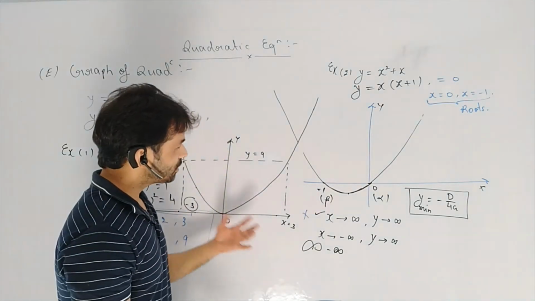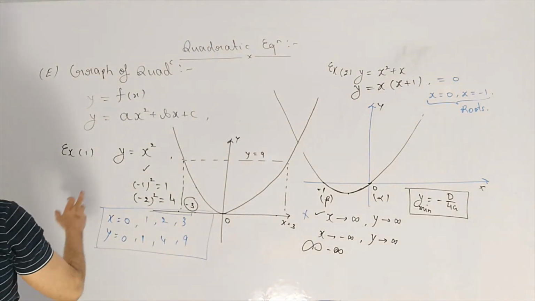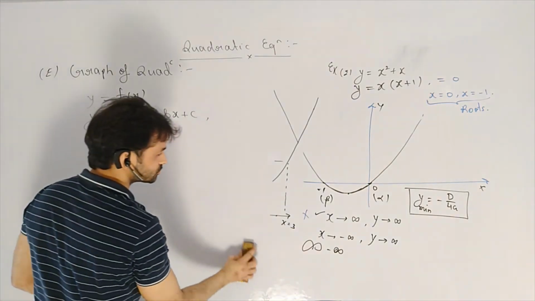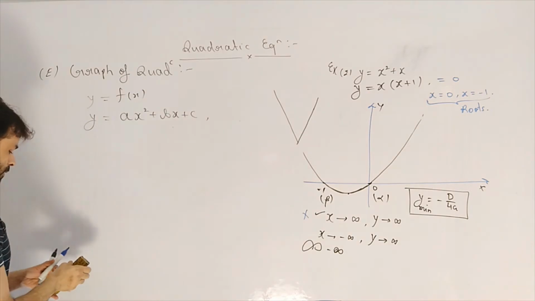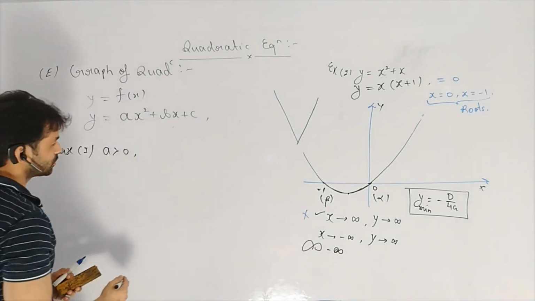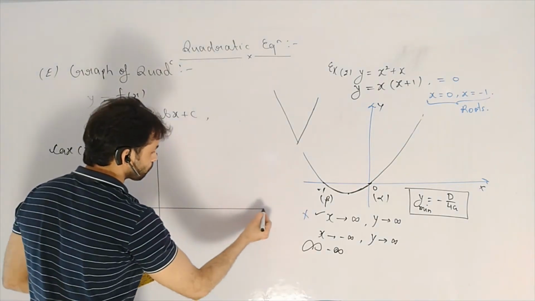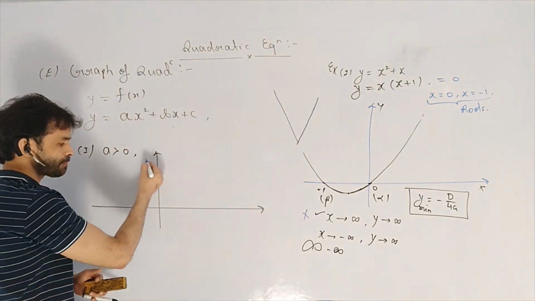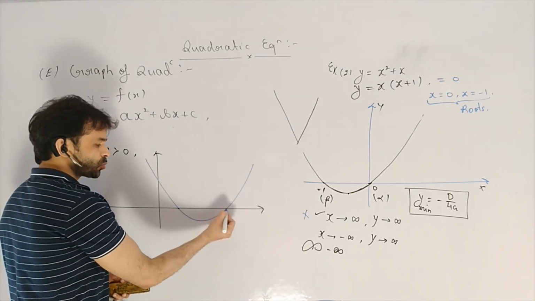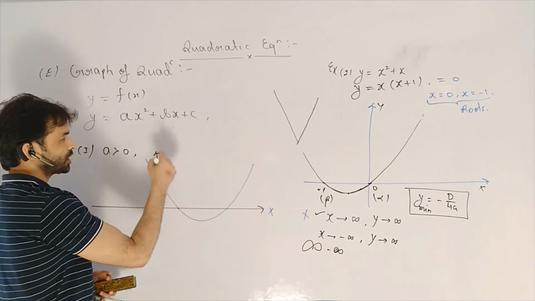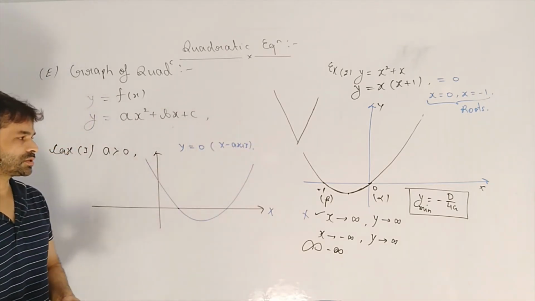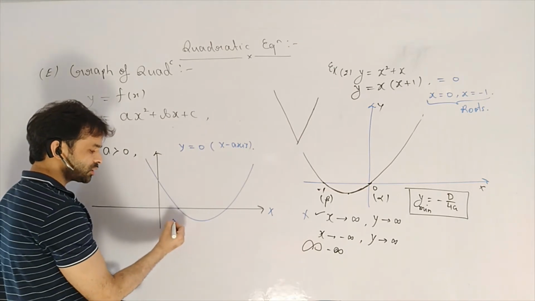Whenever a is positive, the graph of the quadratic expression is like this, and these points where the graph is cutting the x-axis, means y is 0, means x-axis, are the roots of the quadratic.